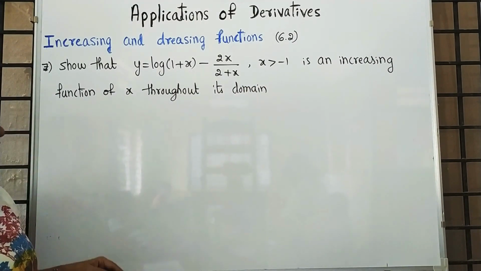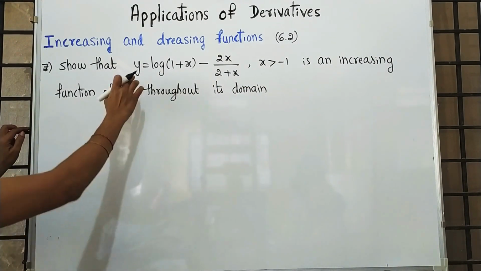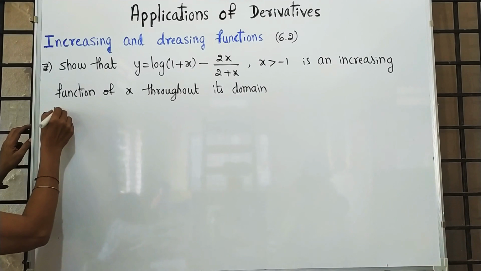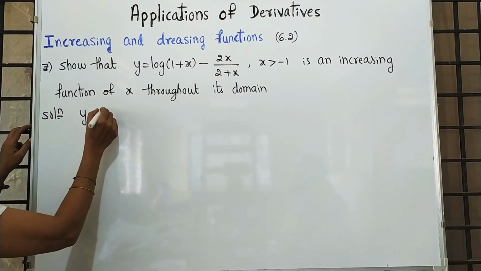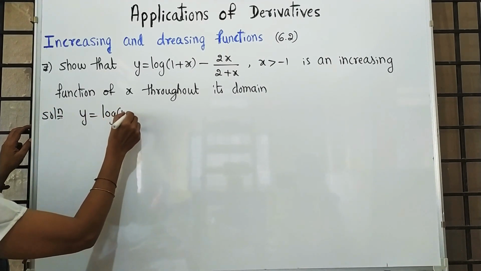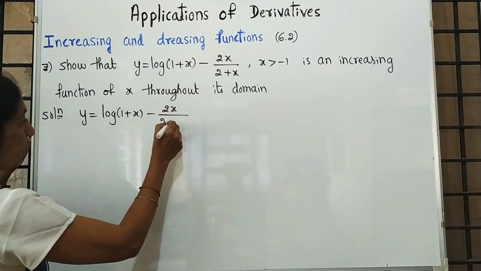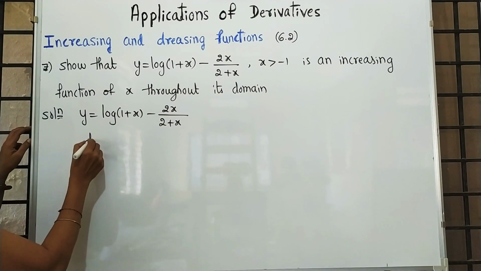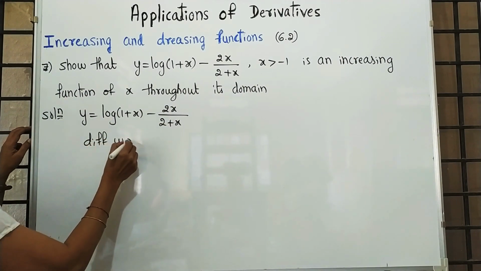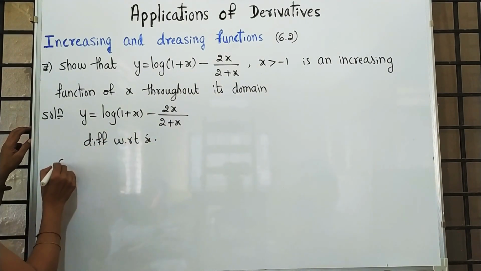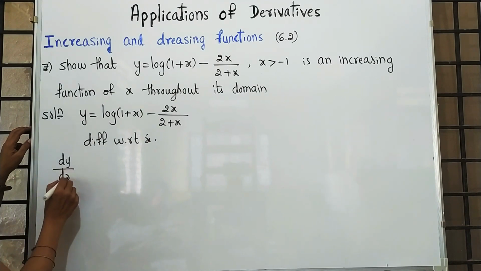So as usual, let us differentiate the given function. Y is equal to log of 1 plus x minus 2x upon 2 plus x. Differentiating with respect to x, dy upon dx.